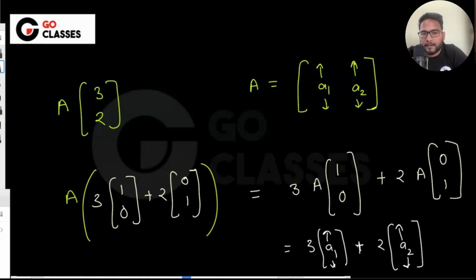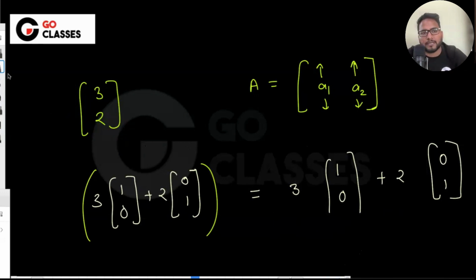Okay. Now let's just do one thing. What happens if we apply the transformation here? If we apply the transformation, then tell me, is this okay to everyone? The transformation of 3 2 is nothing but you can rewrite like this, and using the transformation property you can write like this.